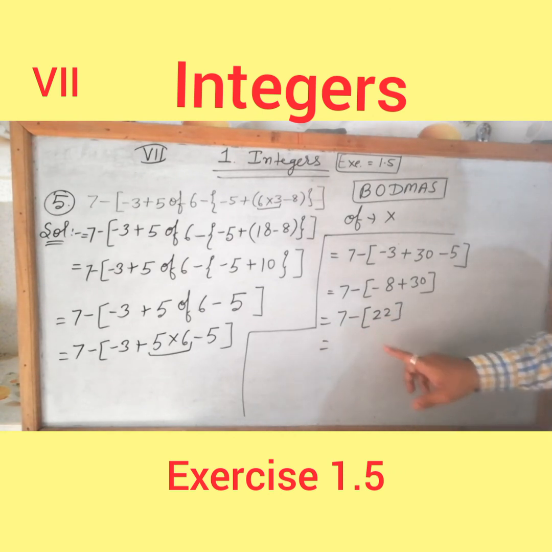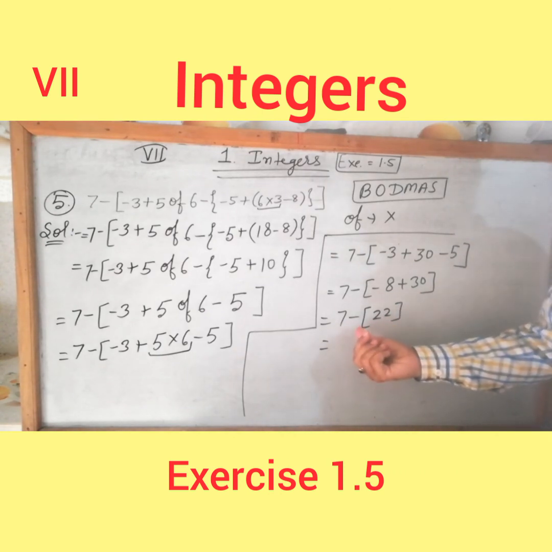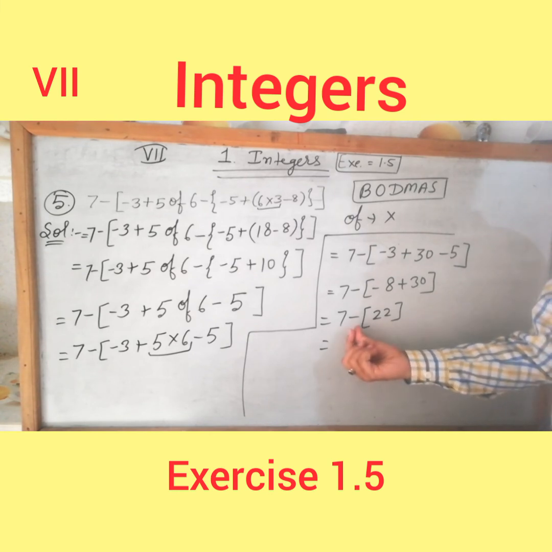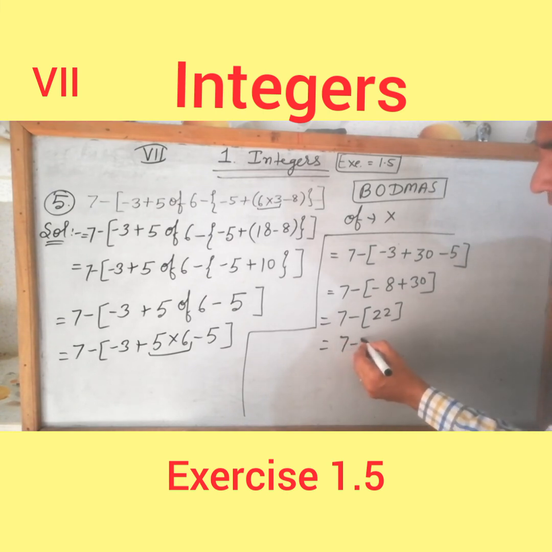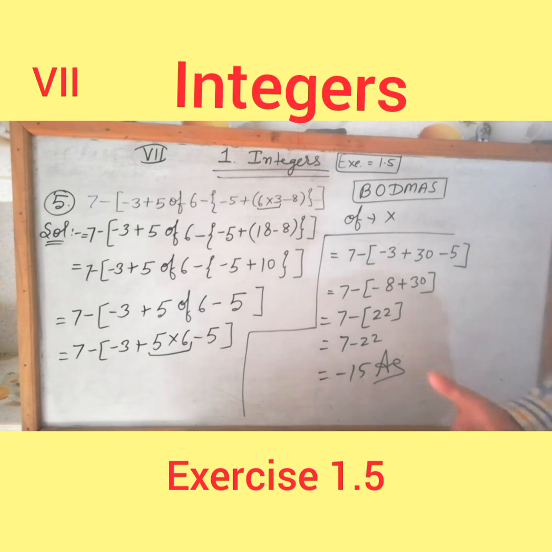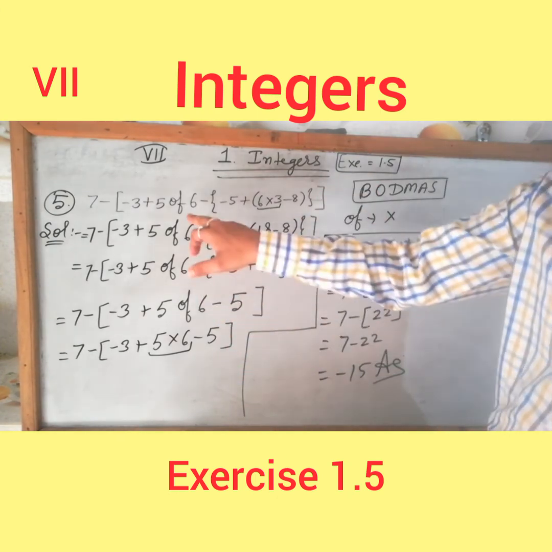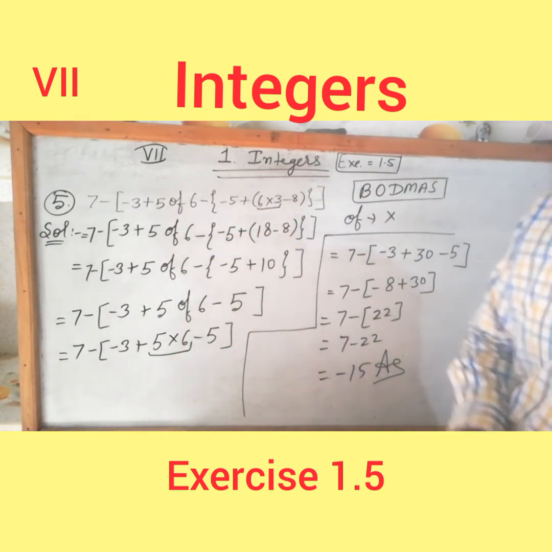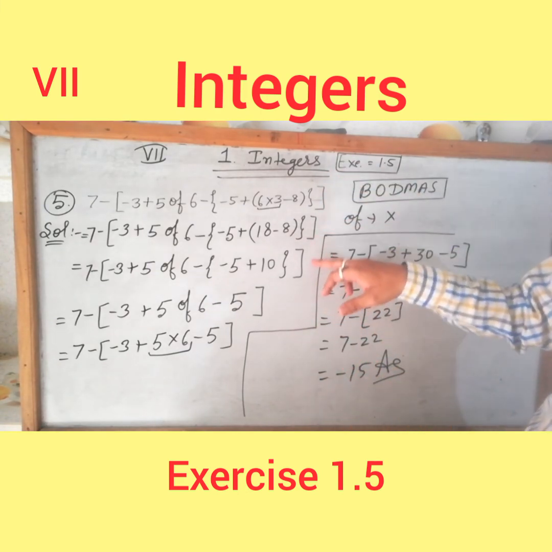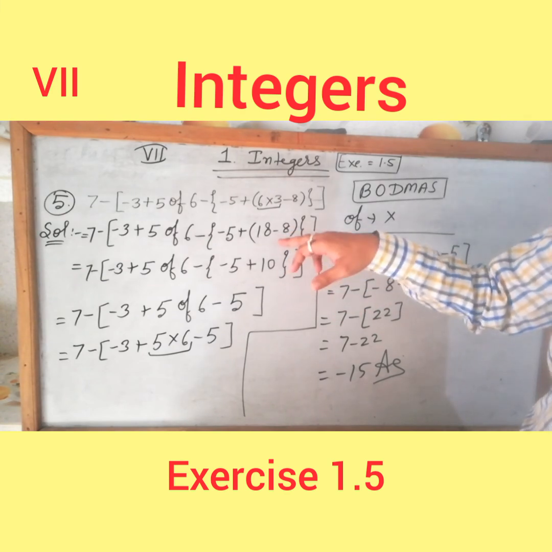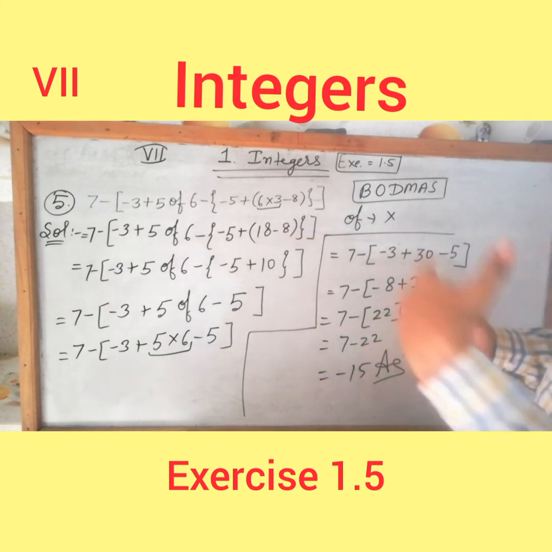Now if there is a bracket and the sign of subtraction is just outside the bracket, the sign will be changed. 7 minus 22, so it's minus 15 is the answer. Is that clear? It is so easy. So what have we learned in this question? We have learned that of means multiply, and we try to solve each bracket, and then we move forward.